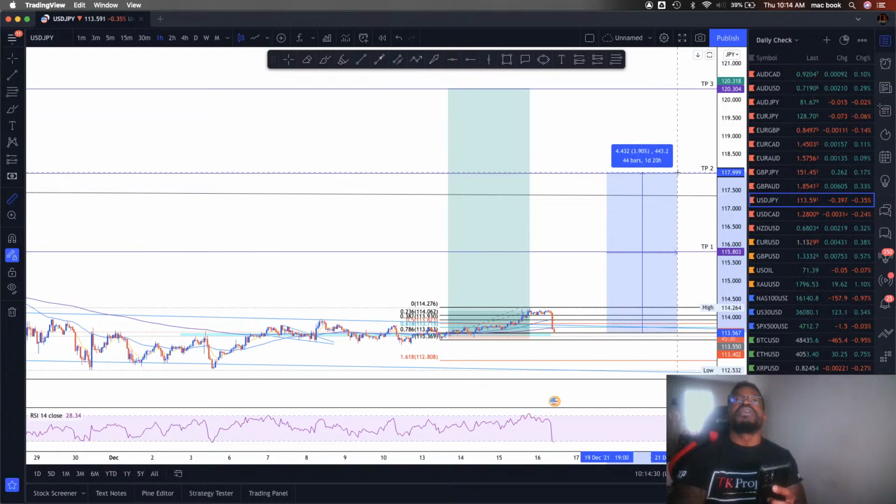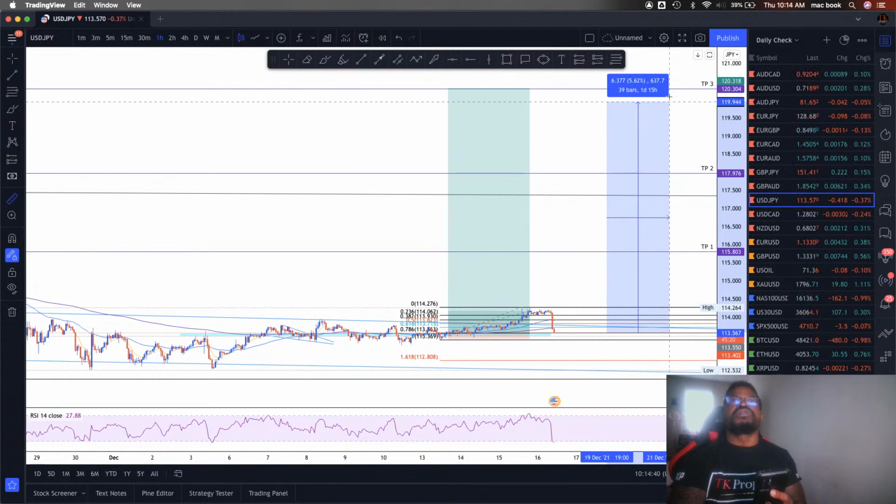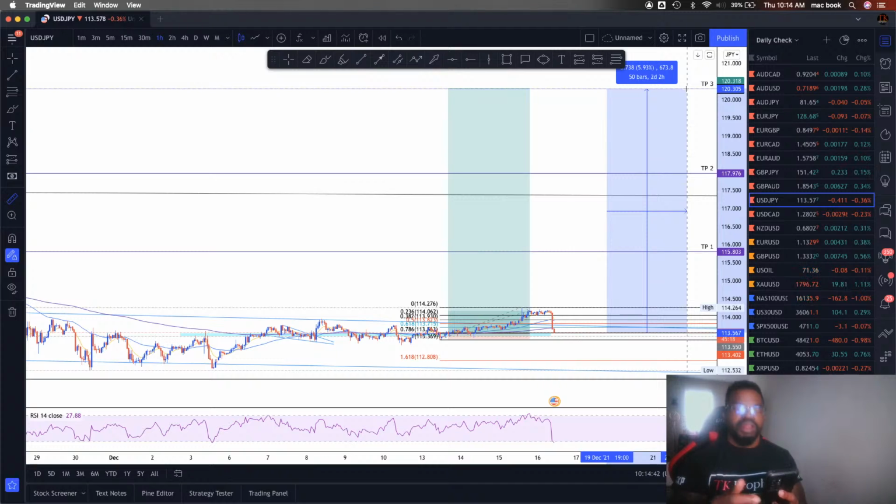Second TP, 440. So this again will be a swing trade setup. This is a long-term setup. 673.